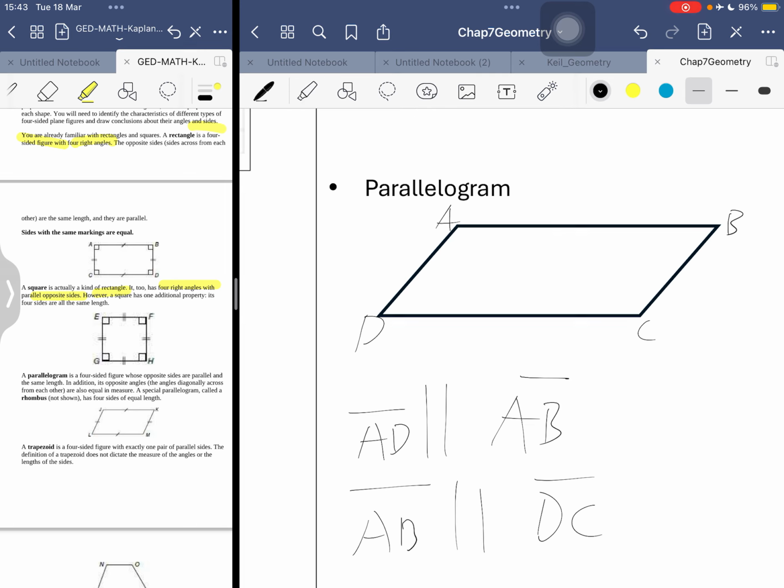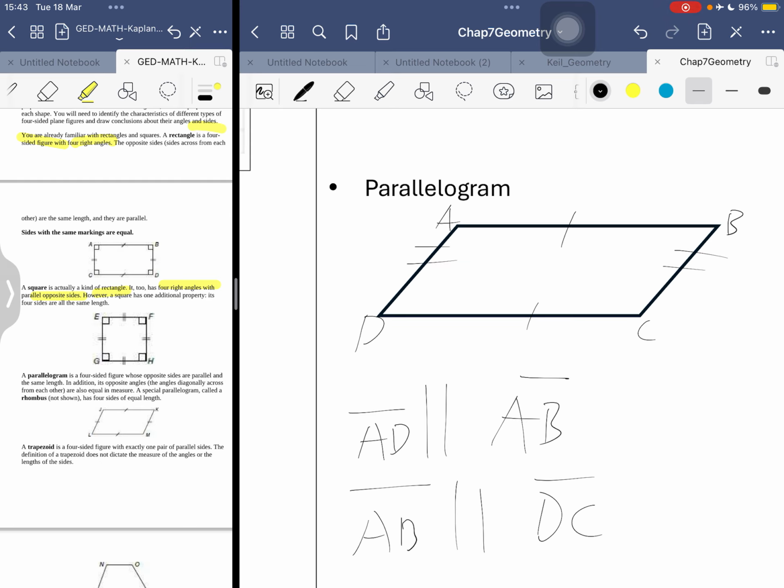Another feature is that the parallel sides are equal, meaning AB is equal to DC, as well as AD is equal to BC.